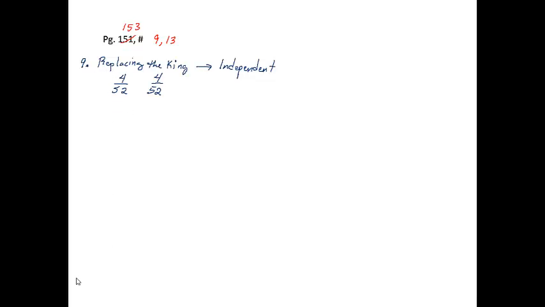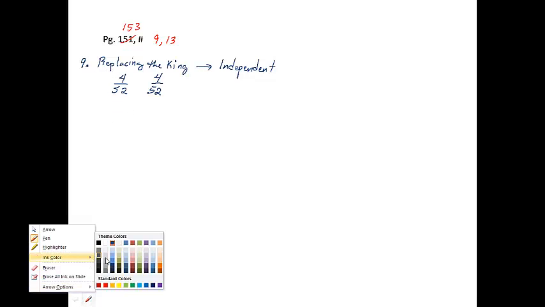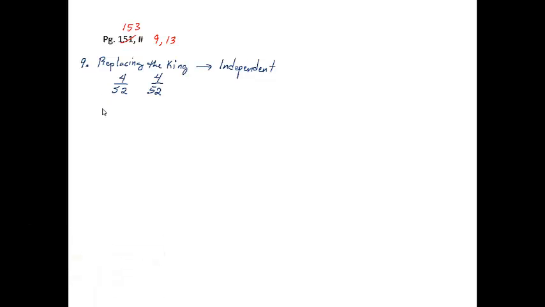Now let's take the instance where we actually do not replace the king. Let's see what happens if there's no replacement. Well, this time, the probability of getting a king is still 4 out of 52. I select the king first. Now, I did not replace the king. So how many cards are now available to us? 51. So the probability of getting a queen is 4 out of 51.